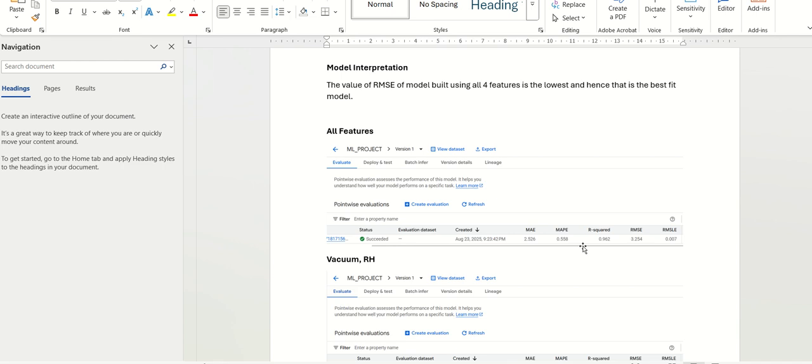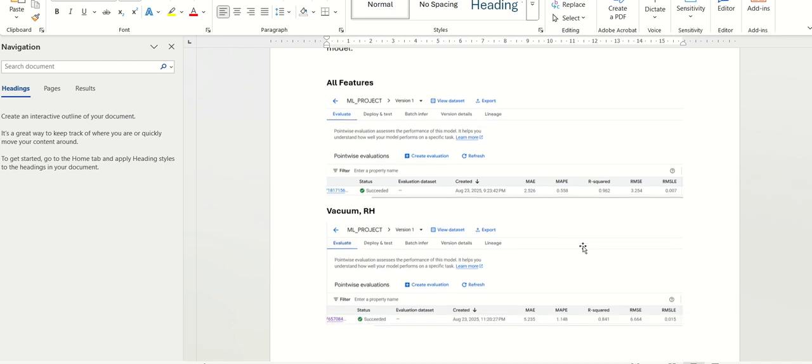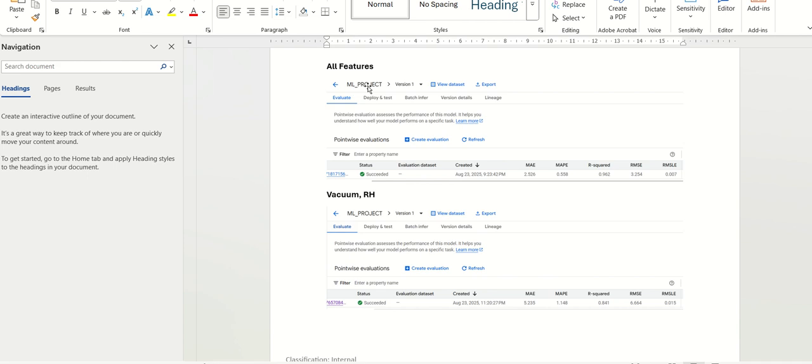Out of all this, we find that the model which has been built by giving all four input features is very close and very accurate. Based on these parameters, root mean square is lowest for the model built using all the features, and for the model using vacuum and relative humidity, root mean square is a little bit on the higher side.